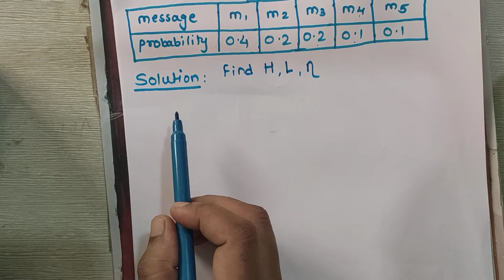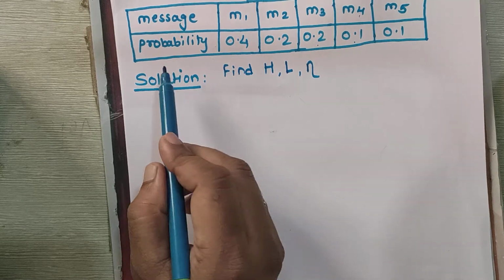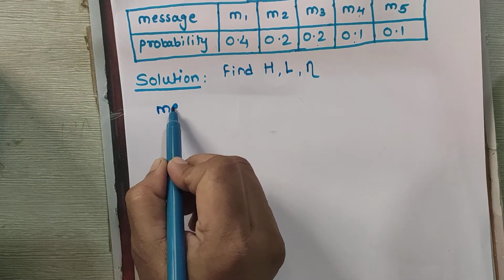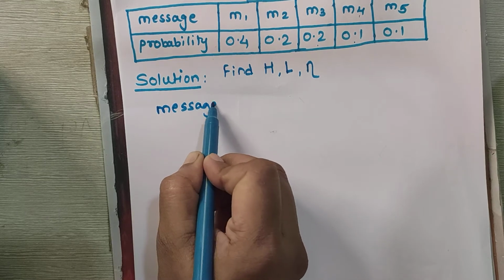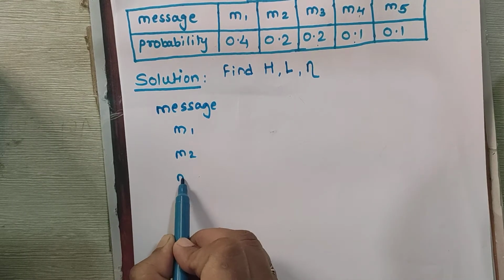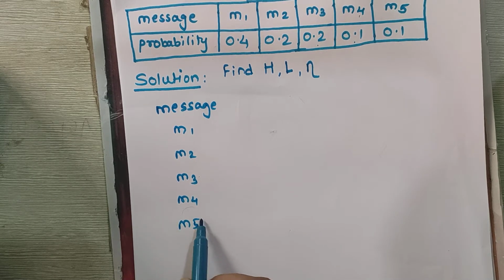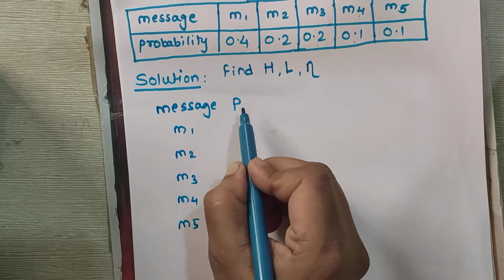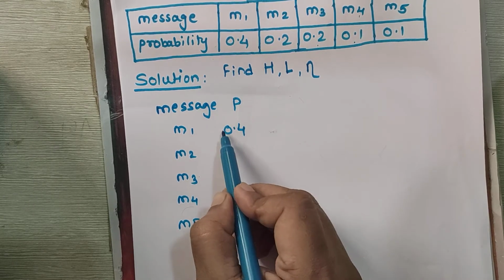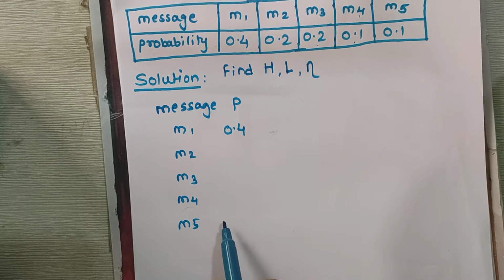For the solution of this Huffman coding, first you have to arrange the given messages and their corresponding probabilities in a tabular format. First I will write the messages M1, M2, M3, M4 and M5, and their corresponding probabilities: 0.4, the maximum probability, on the top and the minimum probability at the bottom.